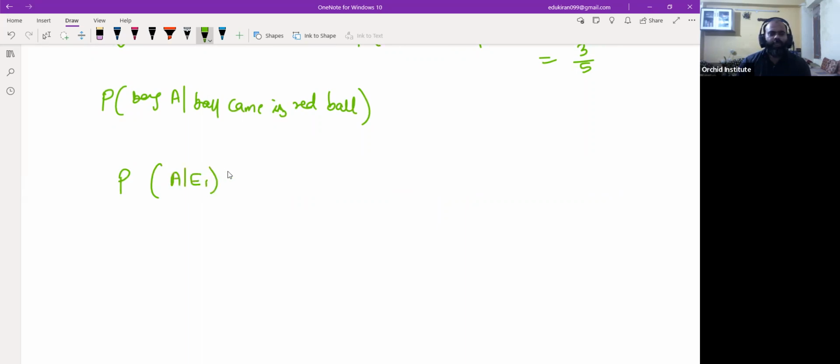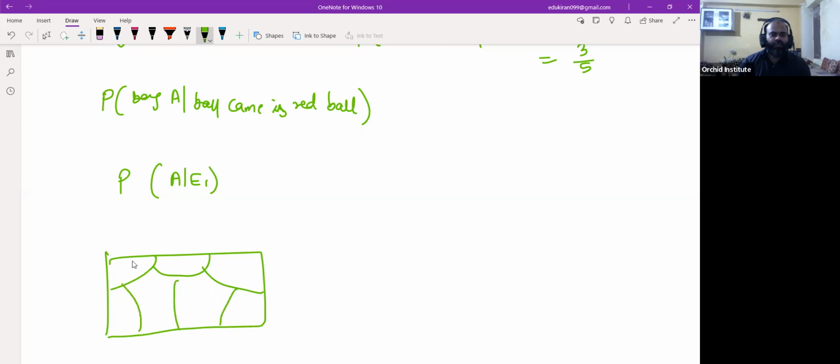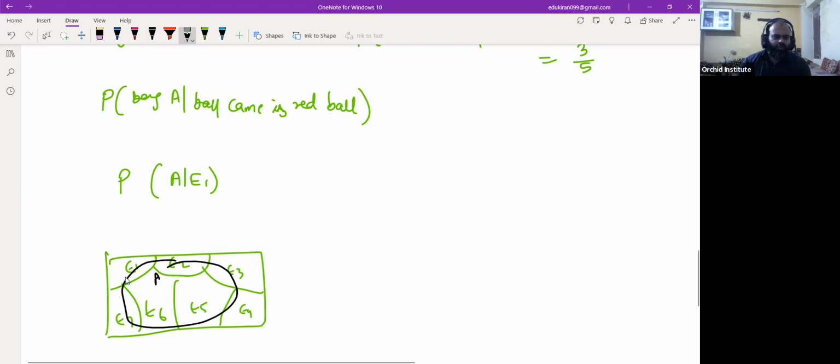Suppose in that set there are E1, E2, E3, E4, E5, E6, E7, suppose 7 are there, and I'm taking a set A. It is not necessary that it is common with everyone, but we have taken it so. It is common with E1, E2, E3, E4, E5, E6, and E7.